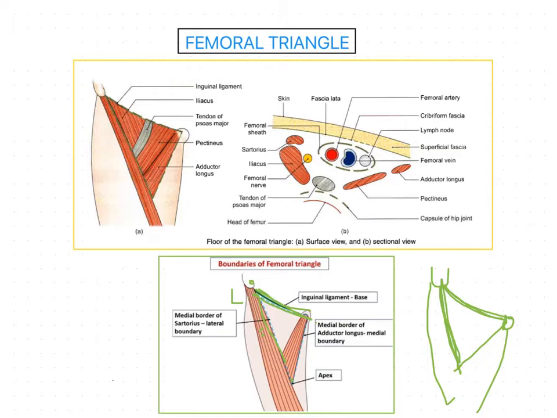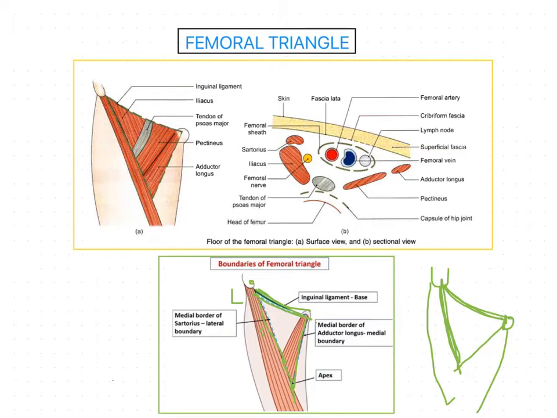Which border? Again, the medial border of the adductor longus muscle forms the medial border. As I have mentioned, the apex is continuous below with that of the adductor canal. So these are all the boundaries of the femoral triangle.